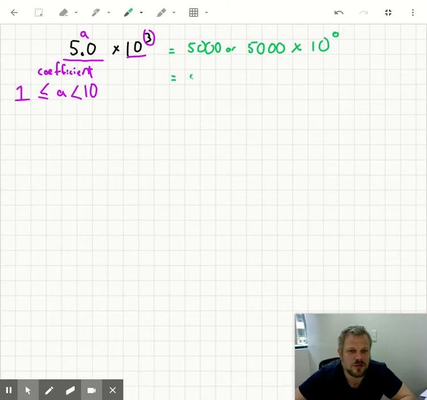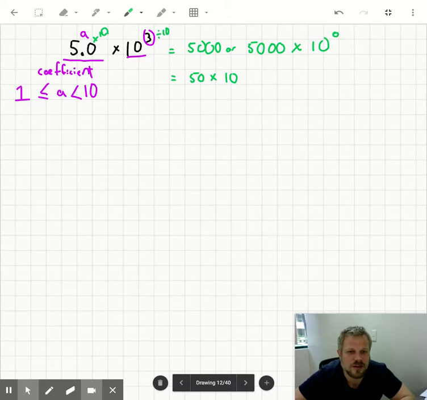We could say it's equal to 50 times 10 to the, okay, so really what we've done there is we've multiplied this by 10, right? So to make this equal, we would have to compensate here by dividing by 10. When we divide, we lower the exponent by 1, right? And is that true? Okay, so that would be 50 times 100.